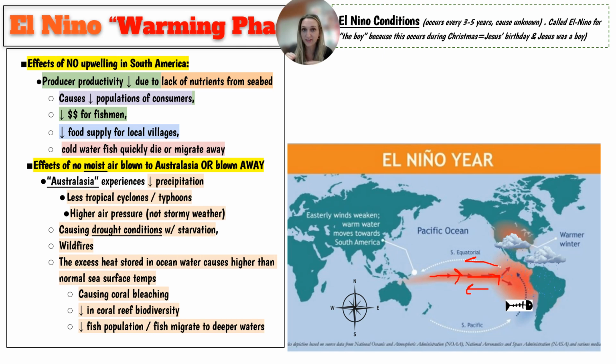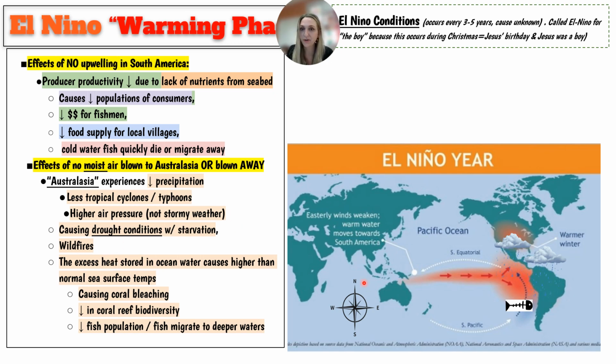You'll still have the same overall effect. The effects aren't different. This tiny little burst of air is still going to keep warm water off the west coast of South America. So there's a lot of effects here.